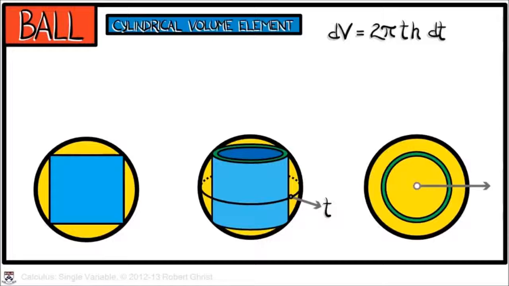In this case, what can we say about the volume element? Well, I claim it is 2 pi t h dt. That is the area of the annular strip of thickness dt and radius t times the associated height h of the cylinder. Well, that's great, except what is h?